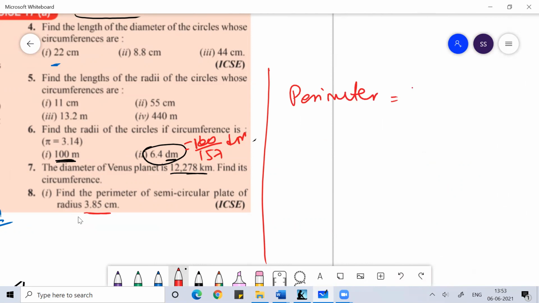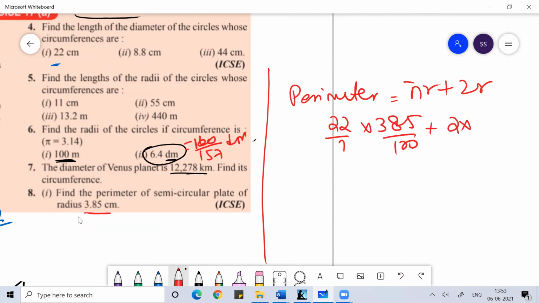Perimeter of a semicircle is pi r plus 2r. So 22 by 7 into 3.85 plus 2 into 3.85. I can take r common. 19.8 centimeters, sir.